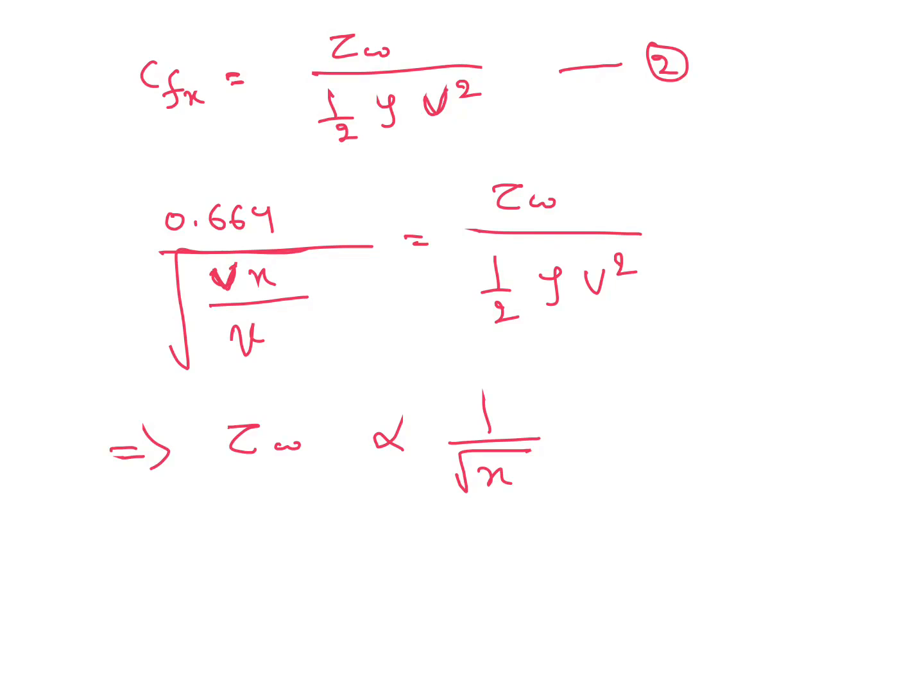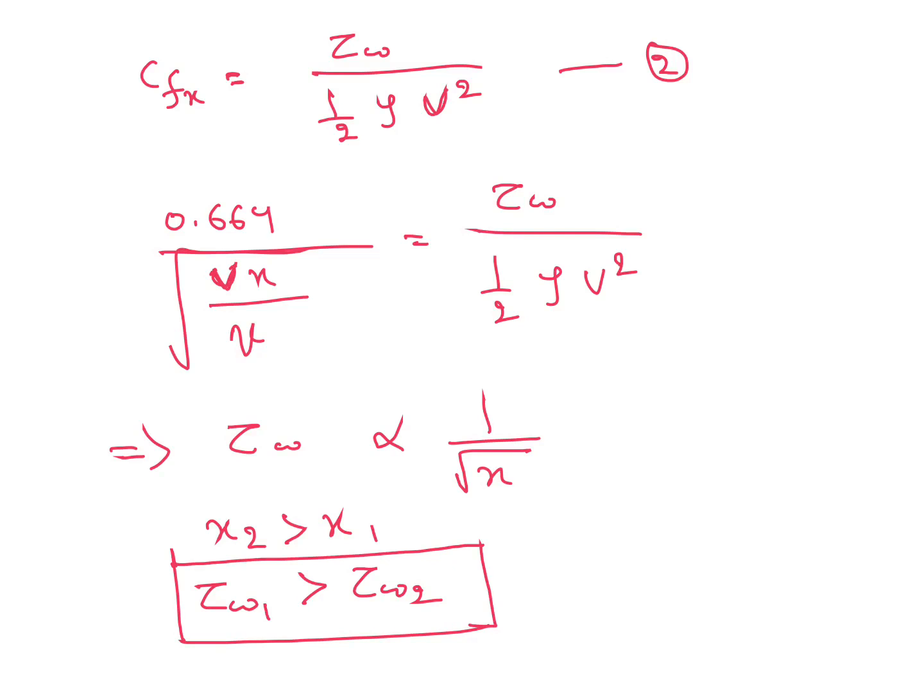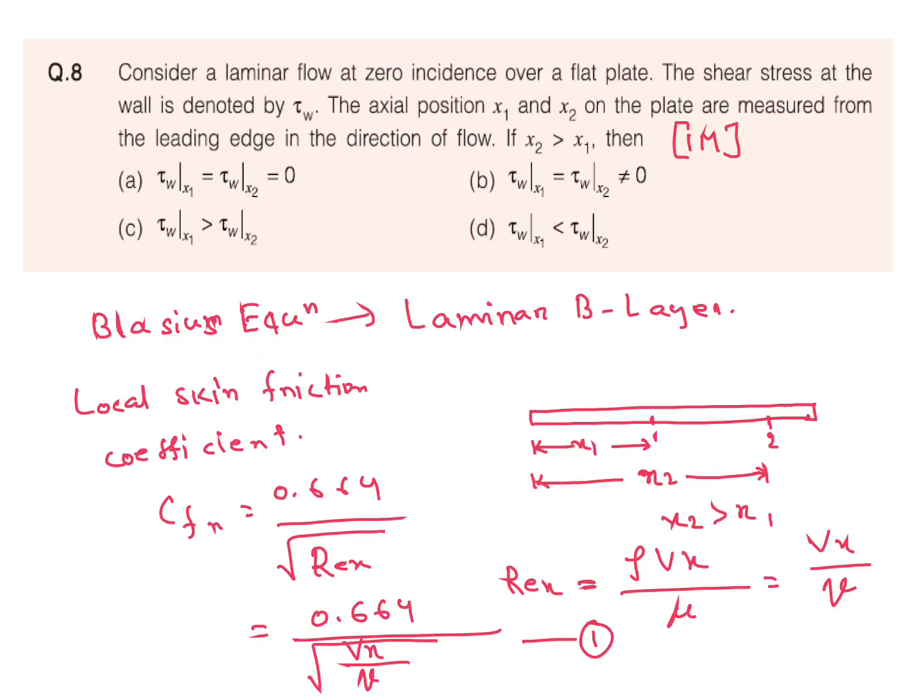In this case given x2 is greater than x1, so tau W1 is greater than tau W2, the wall shear stress. So from the options we check, C is the answer.